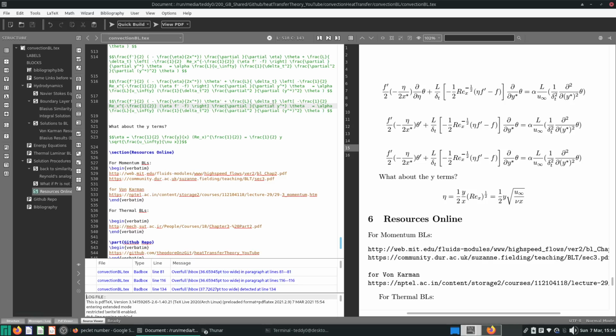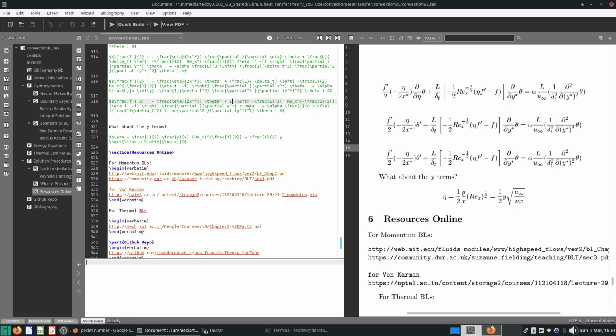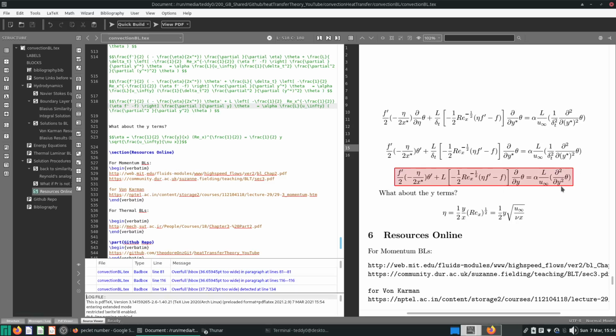Reason I'm doing it is so that it's easier to do our differentiation bit. Okay, so I'm going to combine the delta t back, which is the thermal boundary layer, into y star to become y.